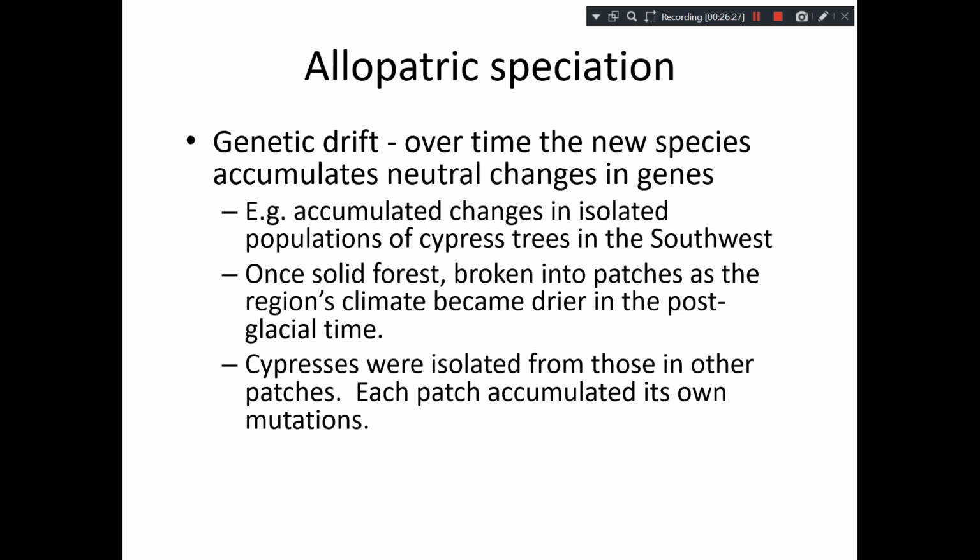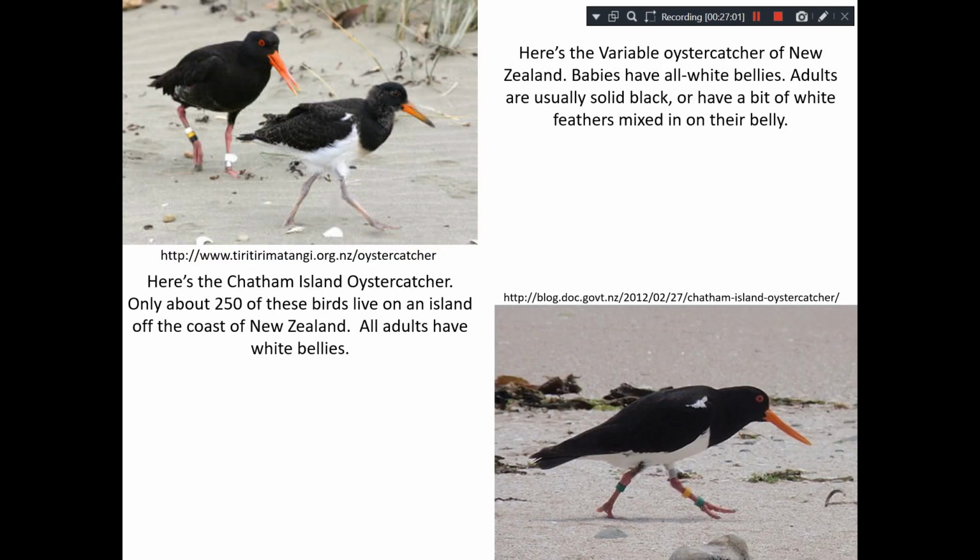Trees are stationary. They couldn't come in contact with the other patches because each patch is geographically isolated. Not only that, each patch accumulated its own mutations also. Within that, mutations started, and each patch with a few cypress trees accumulated its own mutations.